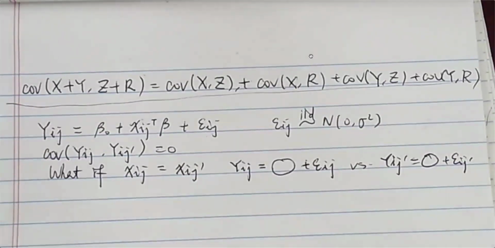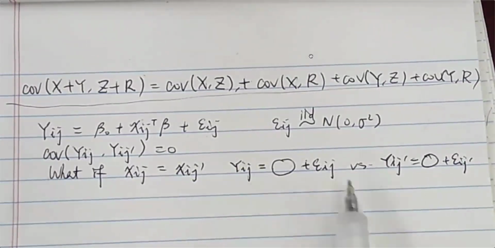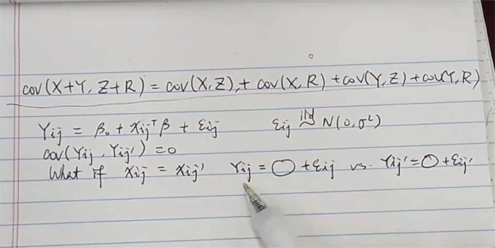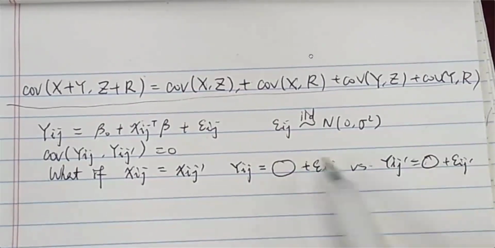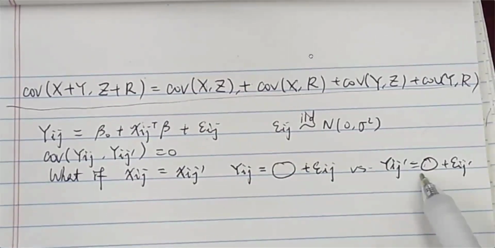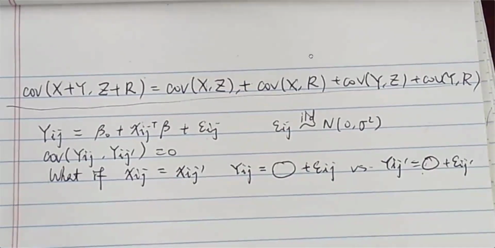But what will actually happen in your data is that if the 2 responses share the same mean, when one is bigger, the other is also bigger because this part is the same for them. Then can we say they're really independent? That is something I think is fundamental to when we say independence.